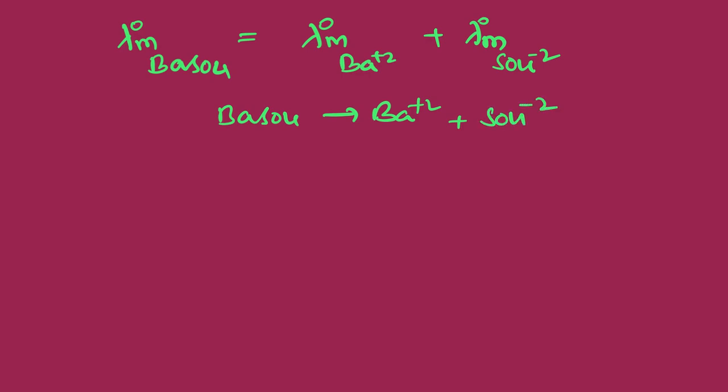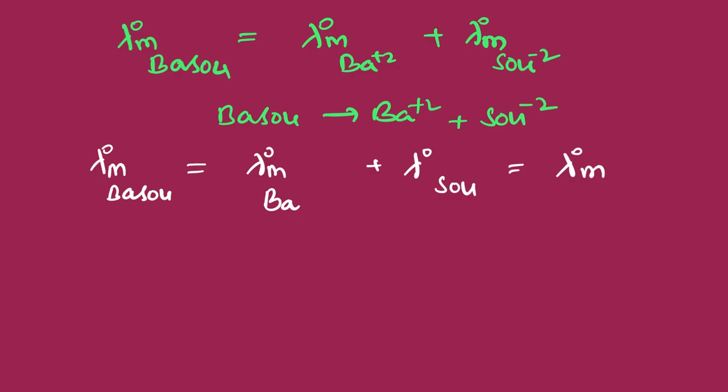Now keep in mind how to write this: lambda naught M barium sulfate is equal to lambda naught M barium ion should be present, and plus lambda naught M SO4 should be present.